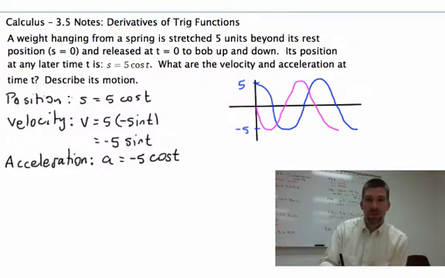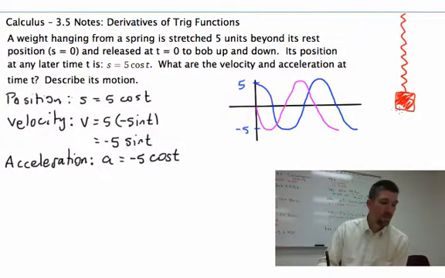And then just remember with our spring, we've got this weight, and we've stretched the weight on a spring to 5 units off of its normal.